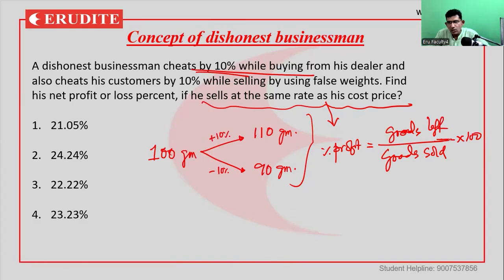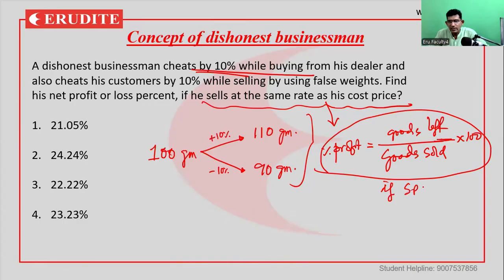That's the idea. Goods left upon goods sold into 100. So I can remember this if he sells at the rate of cost price.